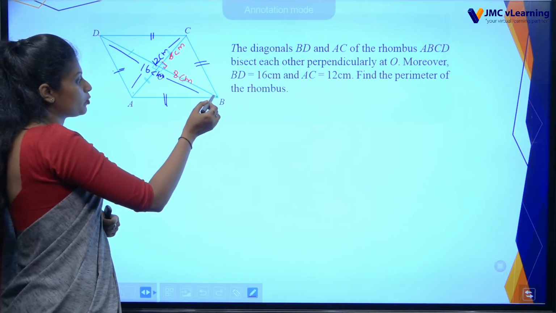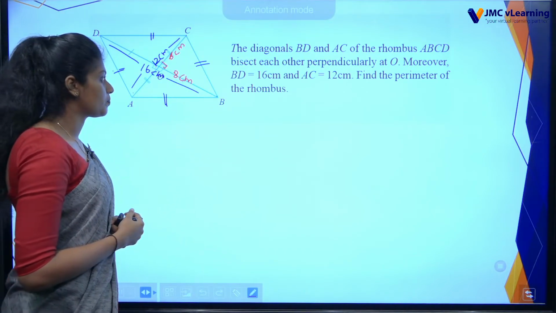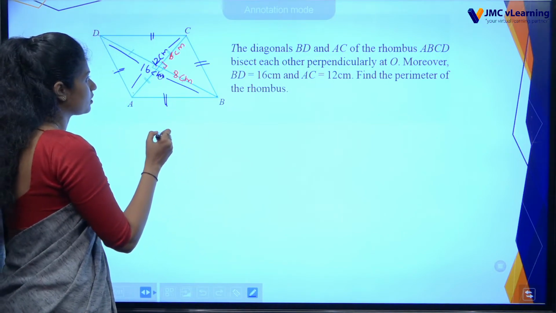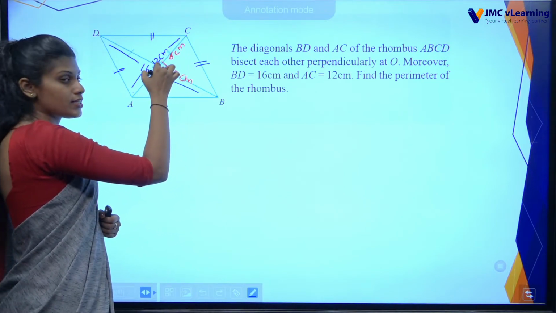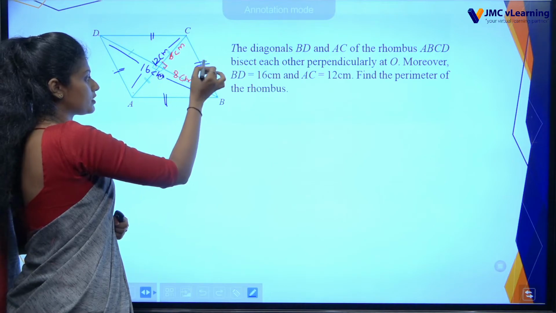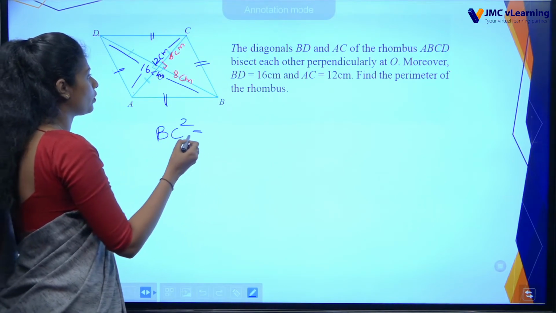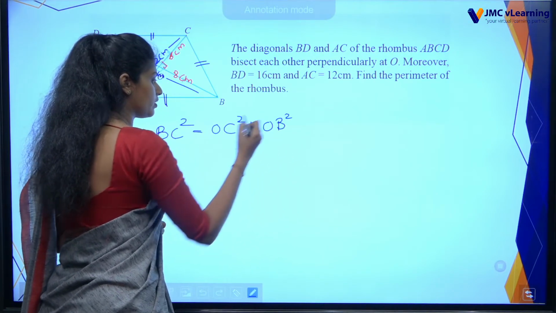Then this one is perpendicular, 90 degree. So we can put the Pythagoras theorem to the BOC triangle. What is the hypotenuse of this triangle? This one is 90 degree, so the opposite side is BC. So BC squared is equal to OC squared add OB squared.